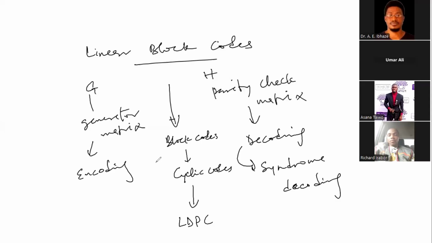Okay, and now there are some concepts, some terminologies I would love us to bear in mind, like the minimum distance requirement. When we talk about minimum distance, we literally mean that should we have some codes, the minimum distance of block codes determines the random error detection and random error correction capabilities of that code.